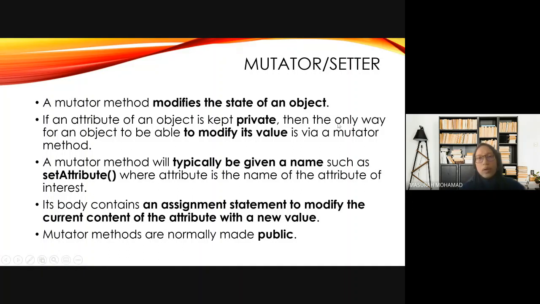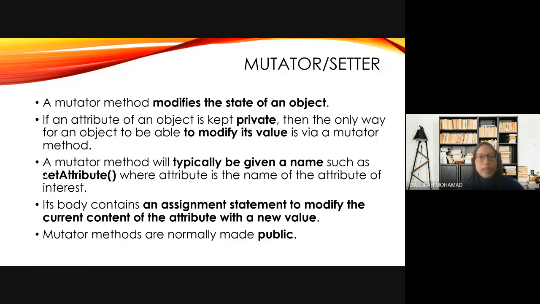So, the only way is to use mutator yang kerja dia modify its value. Okay, and then macam mana nak bagi nama mutator ni? Selalunya orang akan letak set kat depan tu. Why set? Because if we look at the name of the method, ada set lah depan tu. Of course that one is a setter or mutator.